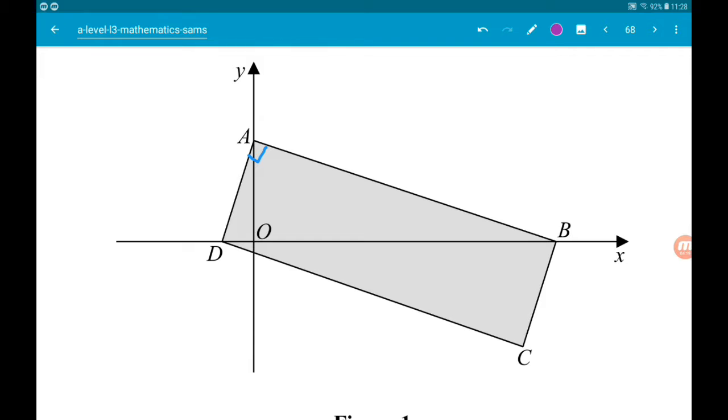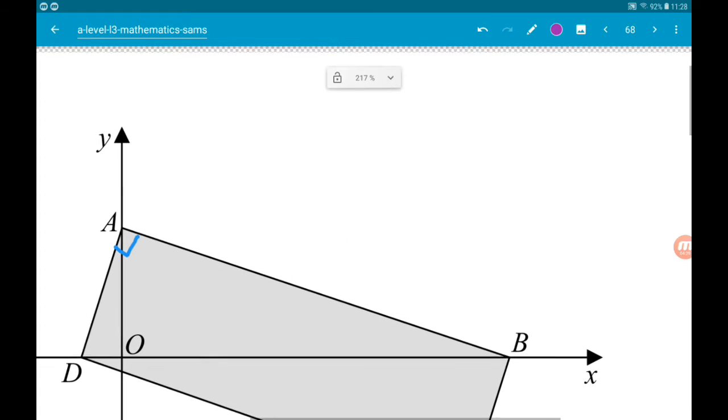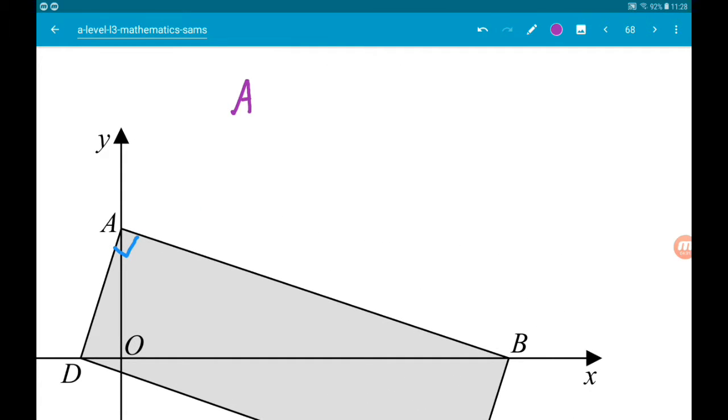So we know that point A lies on the line 5y add 2x is equal to 10. Not only that, it is also on the y-axis, so that means that x is equal to 0.